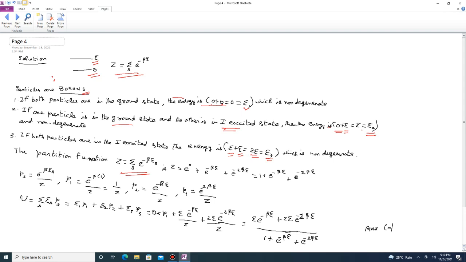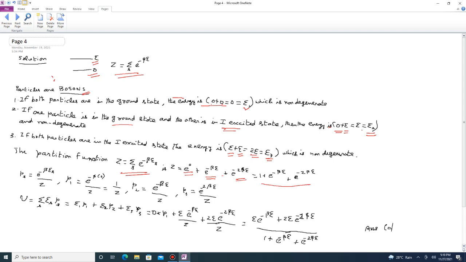For the first state, E1 is 0, so this is e power 0. For the second, the energy is E, so this is e power minus beta E. For the third level, the energy is 2E, so this is e power minus 2 beta E. So Z is equal to 1 plus e power minus beta E plus e power minus 2 beta E.